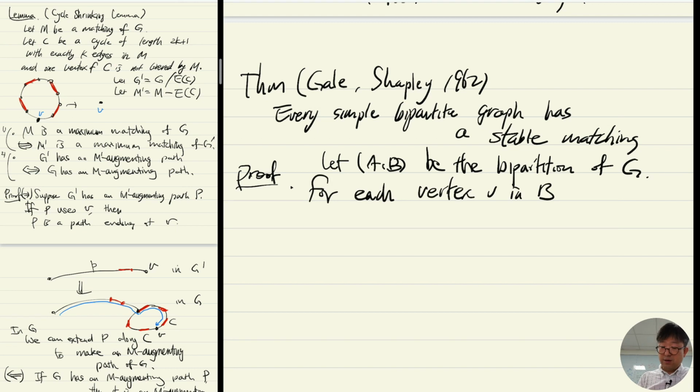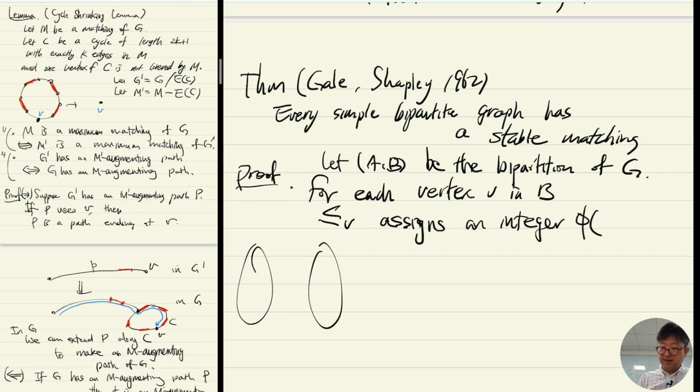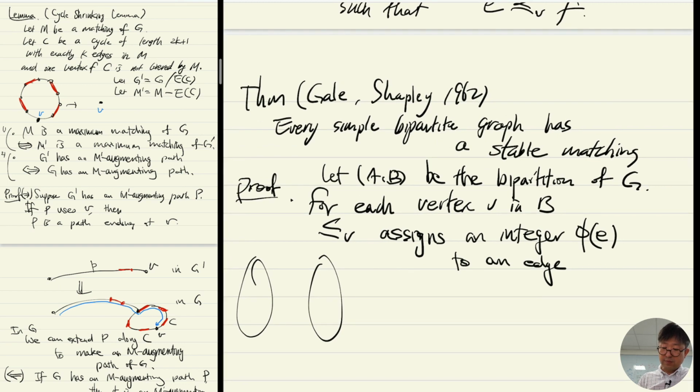point B, this assigns an integer phi(e) to an edge, an integer from 1 up to the degree of this vertex, so that edges get numbers from 1 up to the degree.